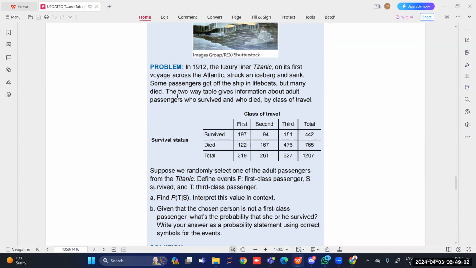I'll read the question once, then I'll ask you. So suppose we randomly select one of the adult passengers from the library, and define events: F as first class passenger, S as survived, and T as third class passenger.